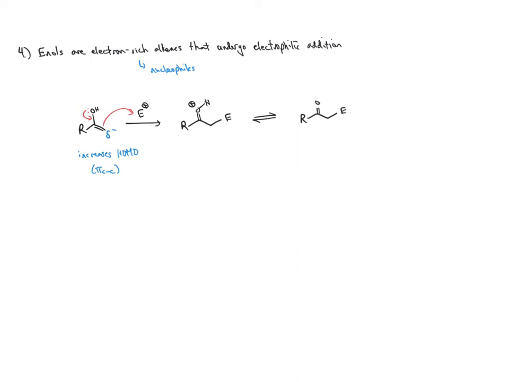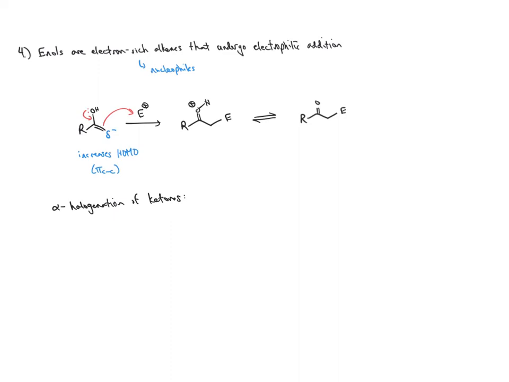Okay, so what's an example of this? An example of this is the reaction known as the alpha halogenation of ketones. Okay, so alpha halogenation of ketones can be performed under acidic conditions or it can be performed under basic conditions, but the products are actually quite different.